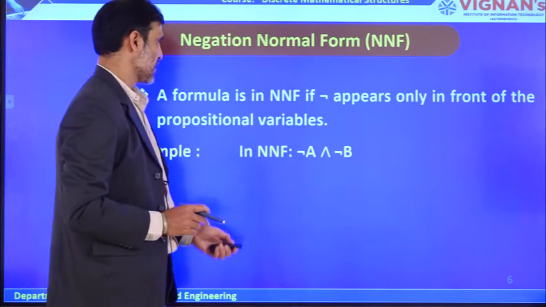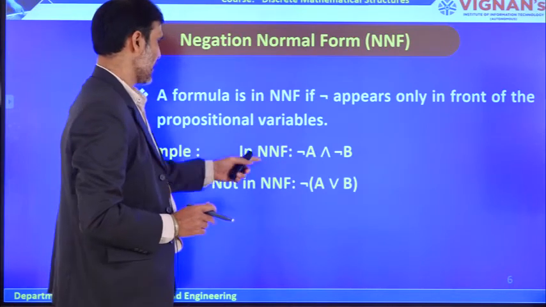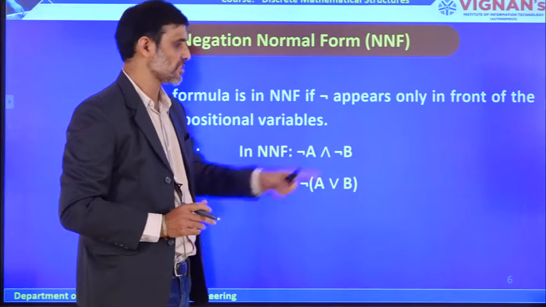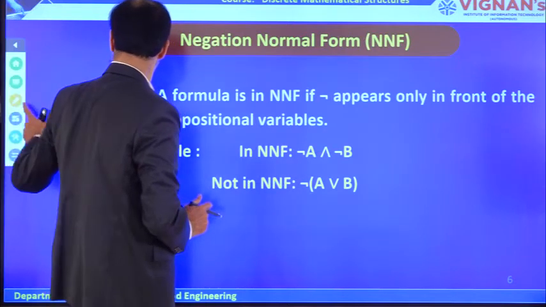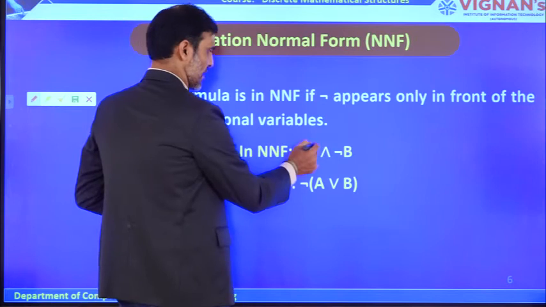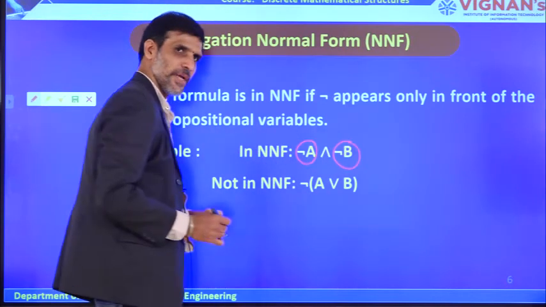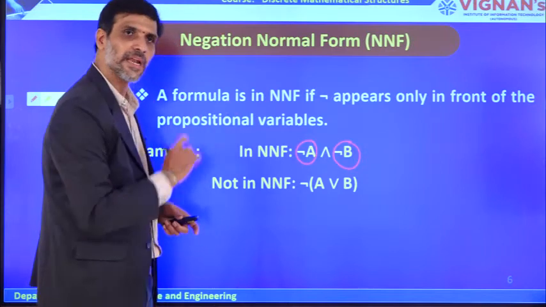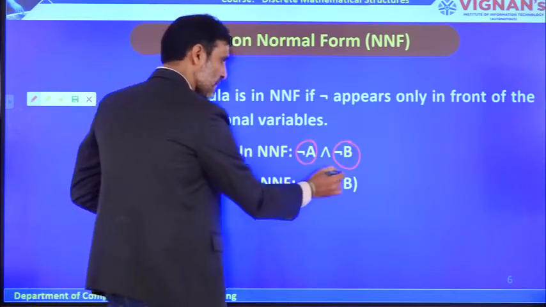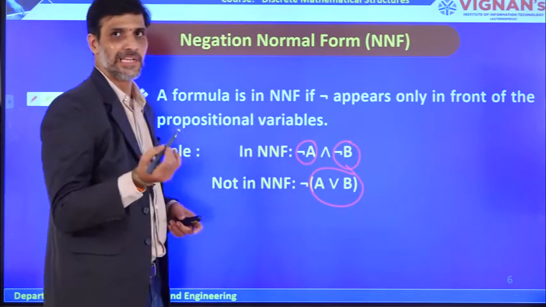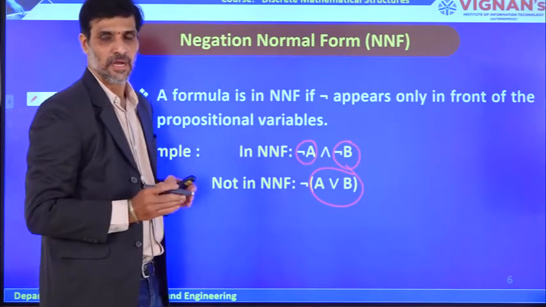For example, just now we discussed that ¬A ∧ ¬B is in NNF, because negation appears in front of A and in front of B. So it is clearly in NNF. But here the negation appears in front of the compound proposition, so it is not NNF.